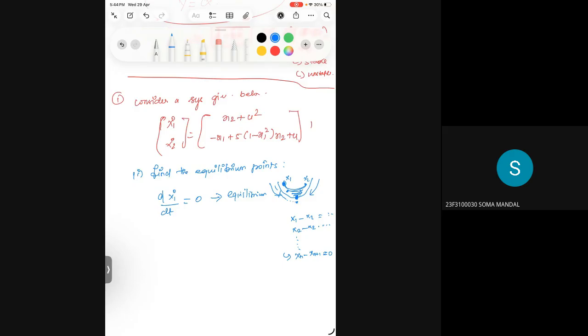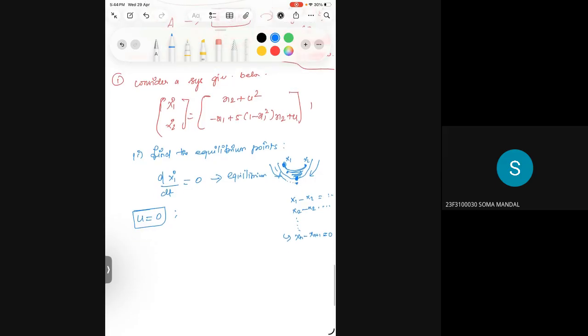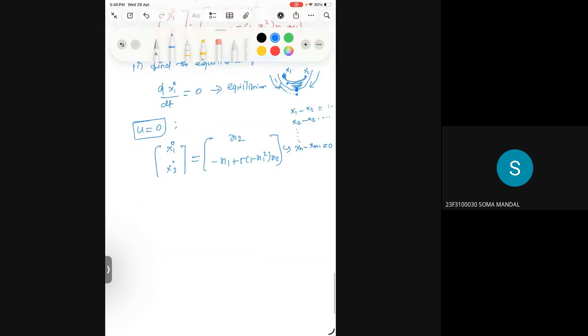If your system has a u and you are asked to find the equilibrium point, you can nullify the input. Wherever u is, you can put 0. So it becomes like an autonomous system without any input: minus x1 plus 5 into 1 minus x1 square into x2. That's what the entire system is.